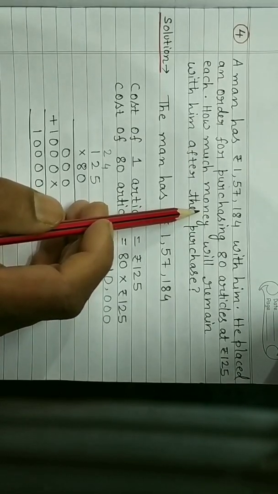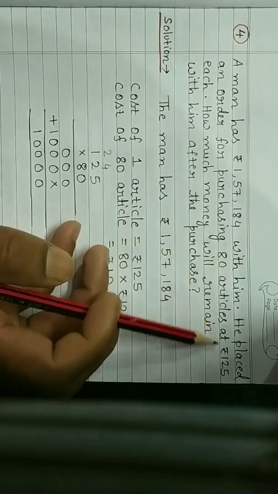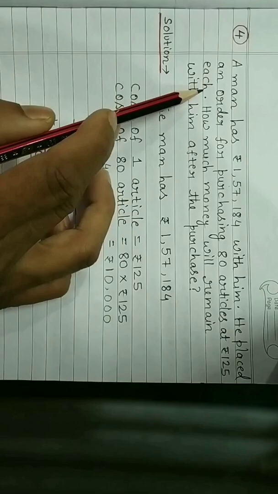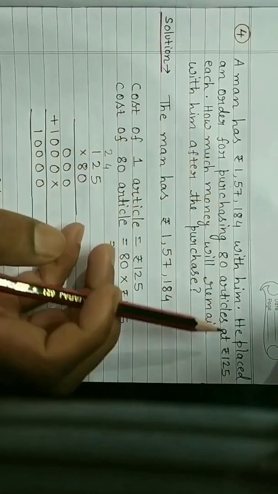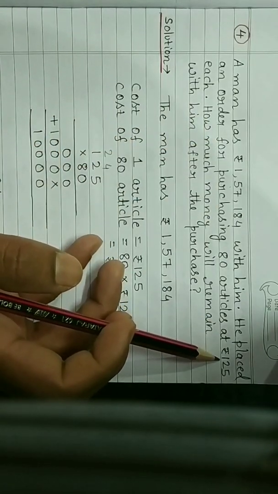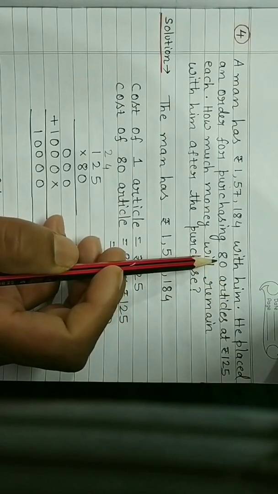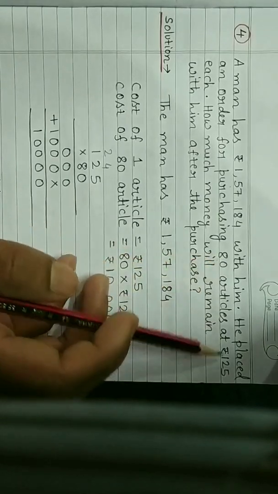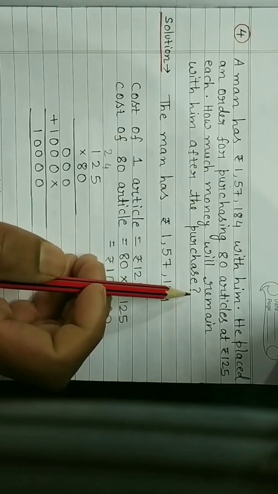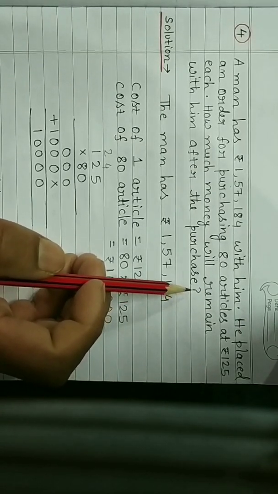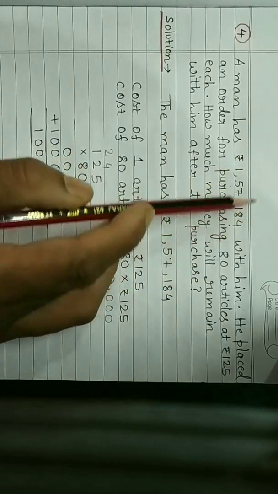So he is purchasing 80 articles at rupees 125 each, means he is purchasing one article at rupees 125 each, and the total number of articles will be 80. So if we multiply these two numbers, then we will get the total money he is going to spend from this amount of money.